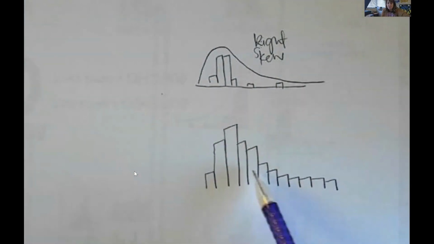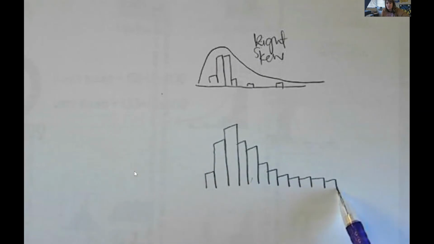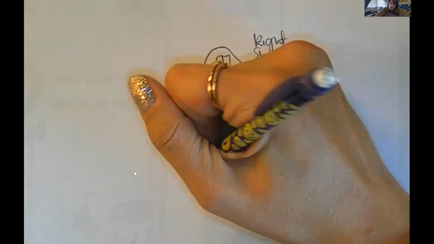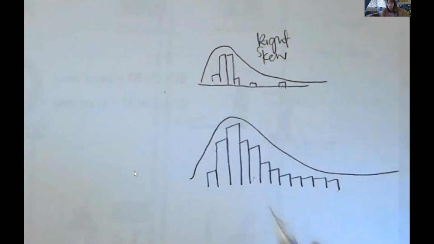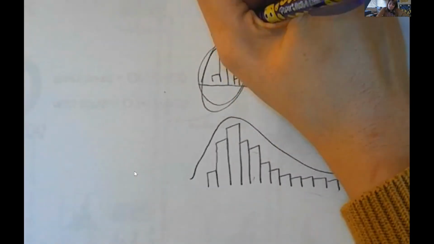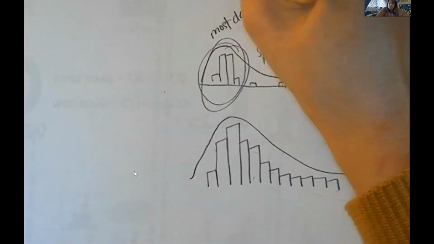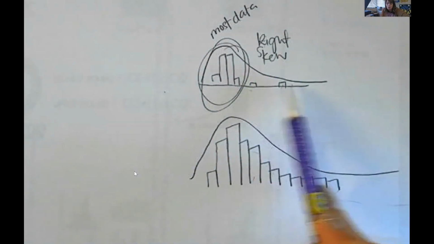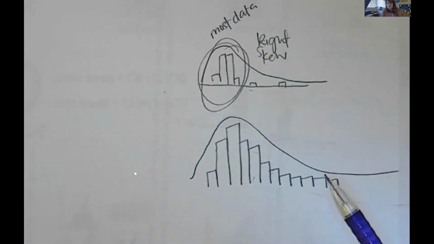So notice it doesn't just drop off and then all of a sudden pop up at the end like this one. If we draw a line over this distribution, it's kind of like a set of steps leading down to the right-hand side. Whereas on this one, most of your data is right here to the right of the graph. And then you have two weird points that are outside of the rest of the data.